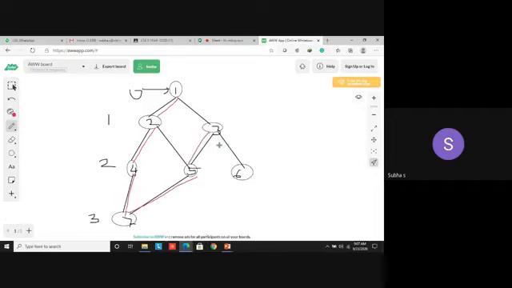Okay, just going back, reverse direction. From 3 you find the unvisited vertex. You find all the adjacent nodes and check whether any node is unvisited. What is the node that is unvisited? 6, because 1 and 6 are adjacent to 3. 1 is already visited, so from 3 I am traversing to 6.